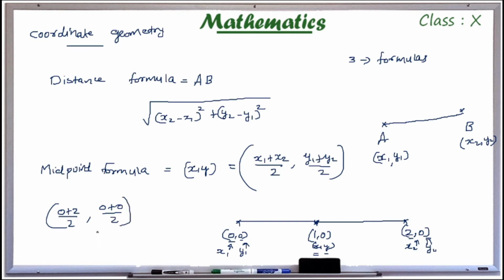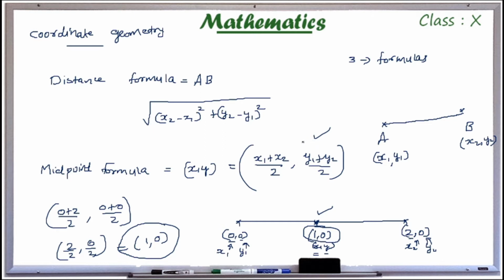So that is 2 by 2, comma 0 by 2. 2 by 2 is equal to 1 and 0 by 2 is equal to 0. So the midpoint is 1, 0. Yes, we have the midpoint 1, 0. So our midpoint formula is correct. So you have to learn this second formula.